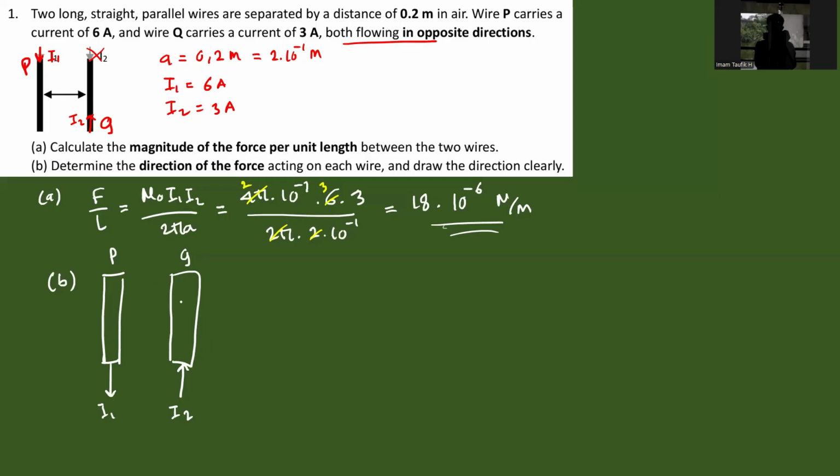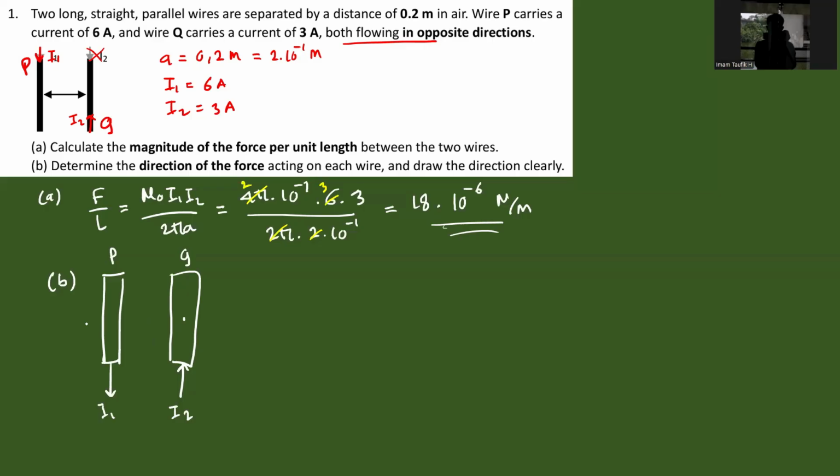Okay, to determine the magnetic field induced by a current carrying wire, we can use the first right-hand rule. For wire P, we can find the magnetic field induced at wire Q, let's say in here.